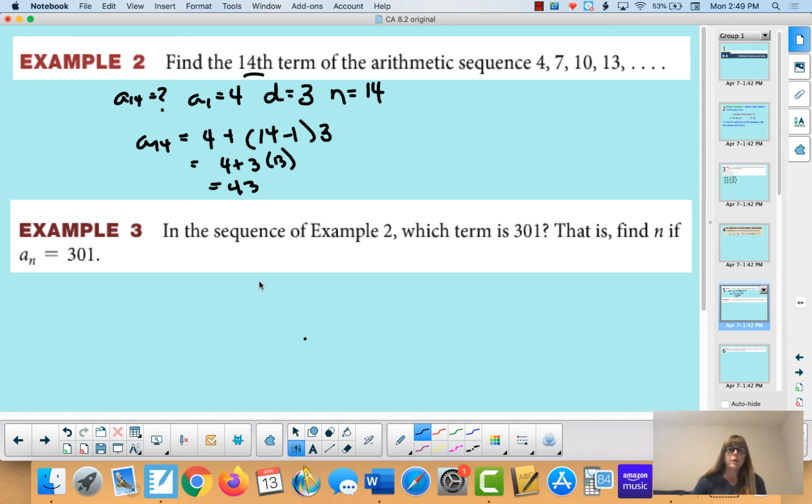Now in this example, we're using the same formula, but this time we want to know which term is 301. So we're trying to find n in this particular question. So again, we have all this information where a sub 1 is 4, d is 3. This time we don't know n, but we do know a sub n is 301.